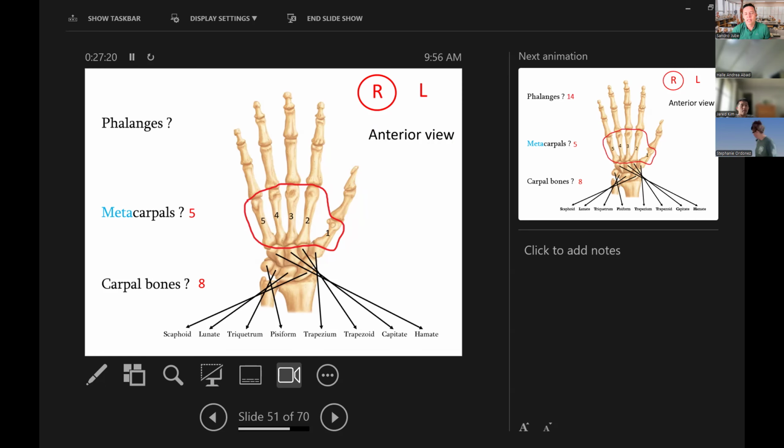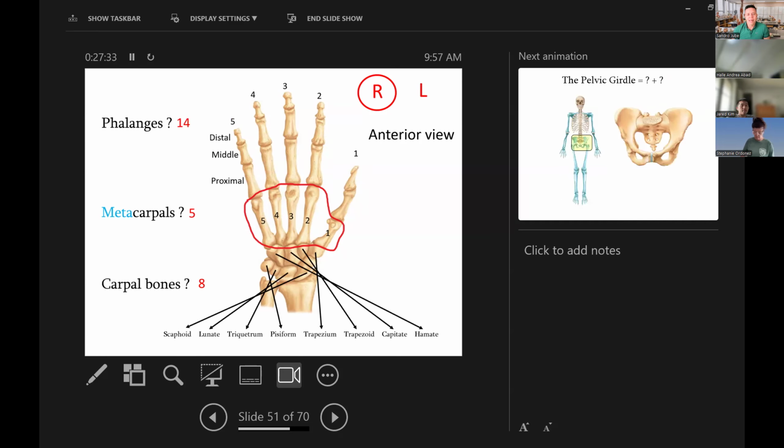But for the phalanges, it's slightly more complex because the phalanges are divided into smaller bones. We have the proximal, middle, and the distal for the phalanges number 2 all the way through 5. And for the thumb, we only have proximal and distal.